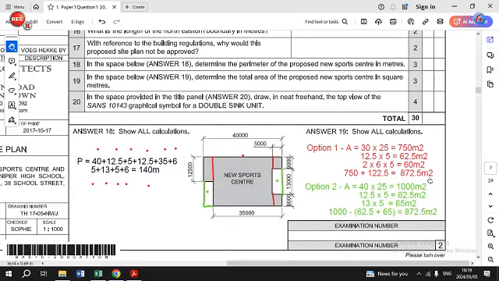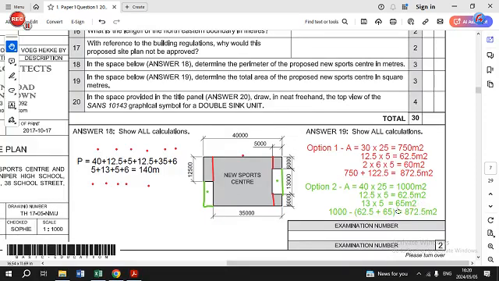Alternatively, you can look at option 2, which is the green part, where we're going to work out the entire rectangular shape with the add-ons here, which is 40 times 25 square meters, which gives you 1000 square meters, and then you work out these individual blank spaces here, which is 12.5 times 5 and 13 times 5 respectively, and you will have 62.5 square meters and 65 square meters.